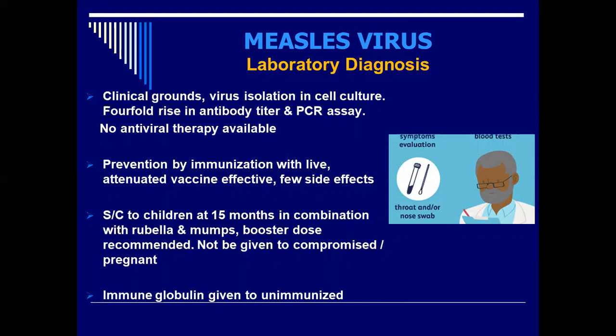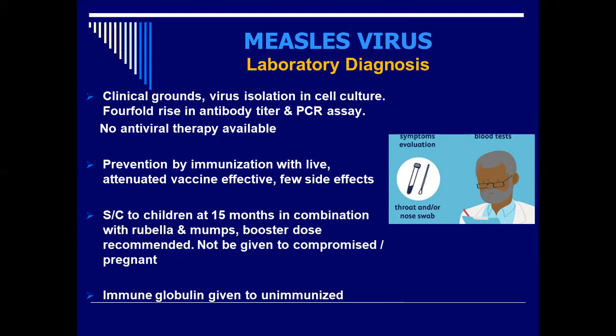And of course, there are the immune responses, so a four-fold rise in antibody titer can also be used. And PCR is a highly sensitive and specific test, and it is a good standard to rule out the possibility of other viral diseases. There is no antiviral therapy that we use in this case.